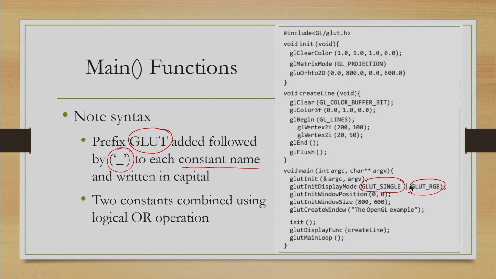This is the particular syntax used to provide arguments. Now, to combine multiple options, we are using this logical OR operation to indicate that we want both. That is the syntax used to provide the options.